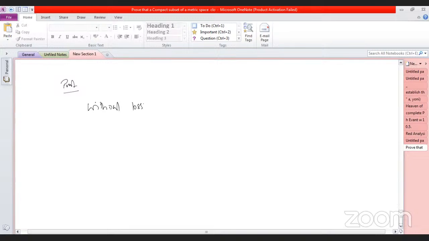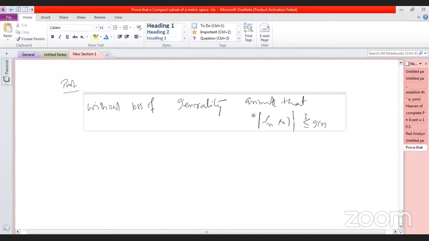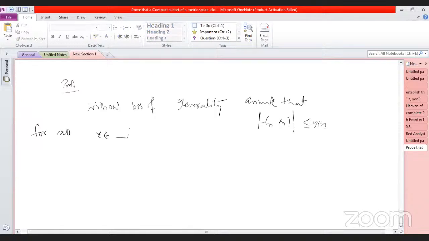Without loss of generality, assume that modulus of f_n(x) is less than g(x) for all x belongs to omega. Therefore f_n tends to f(x) as n tends to infinity for all x belongs to omega.